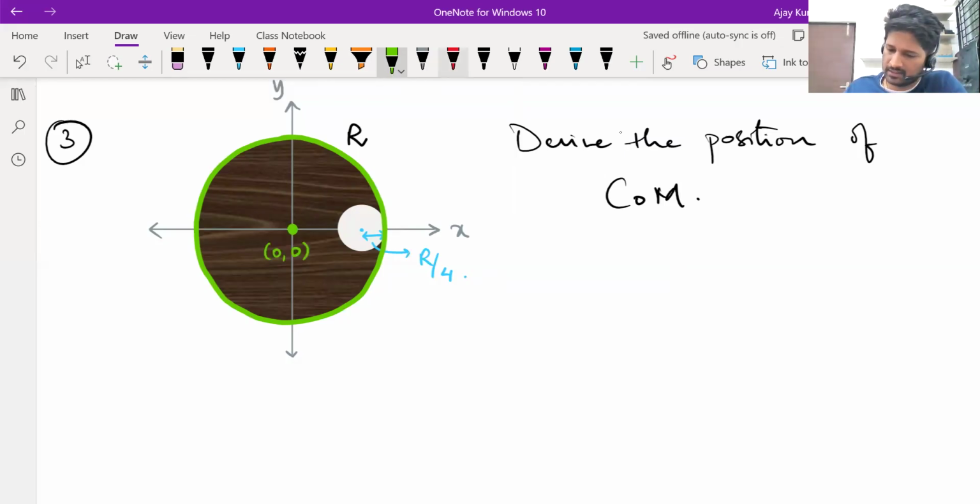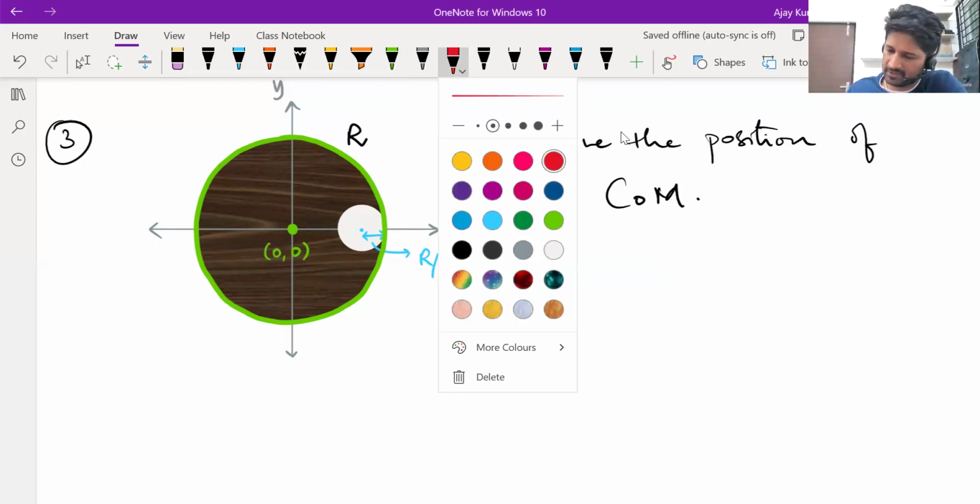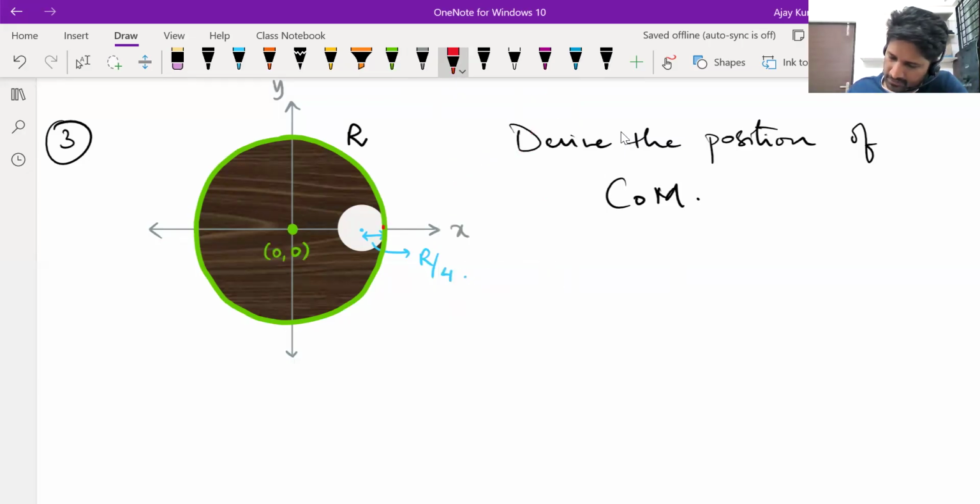Okay. And this system has some negative mass also. Let me highlight the negative mass. Negative mass is this much. From the full system, if this negative mass is removed, you'll get that cavity there. Cavity is nothing but empty space. And that removed mass, its center of mass is here.